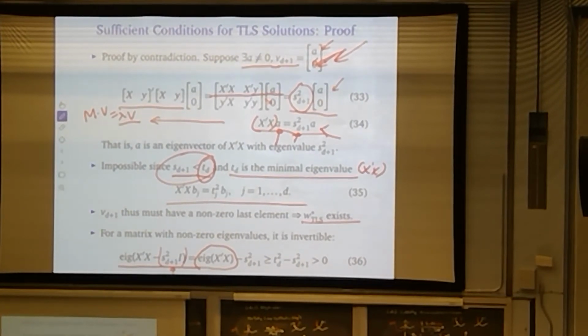Anyway, so this equals this, and we know the eigenvalues of this. TD is the last one, so everything must be greater than or equal to this, minus SD plus 1. And since TD is greater than SD plus 1, this is greater than 0. So the minimum eigenvalue of this is greater than 0. The matrix is full rank and invertible, completing the proof, okay?